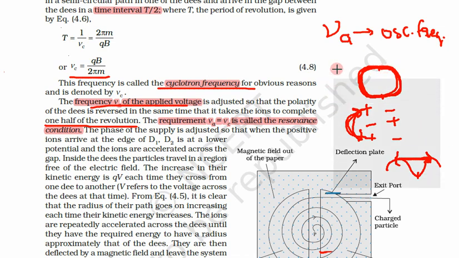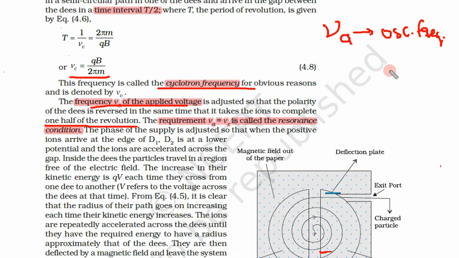So see it once again, because it is important to understand. The particle started at this point, this side is negative, this side is positive. So the particle is accelerated towards this side, and as soon as it reaches here, this becomes negative, this becomes positive.